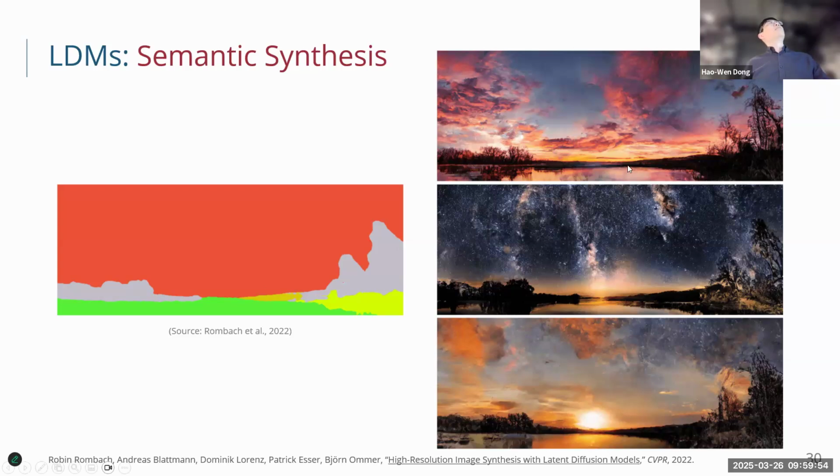But for now, at least at the boundary, people are pretty happy about what we can get. Reflection is usually the most challenging one to get right. Three years ago, people were always talking about the hand thing, that neural networks never get the hands right.